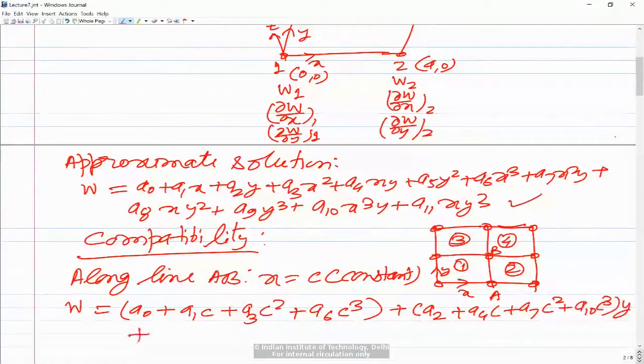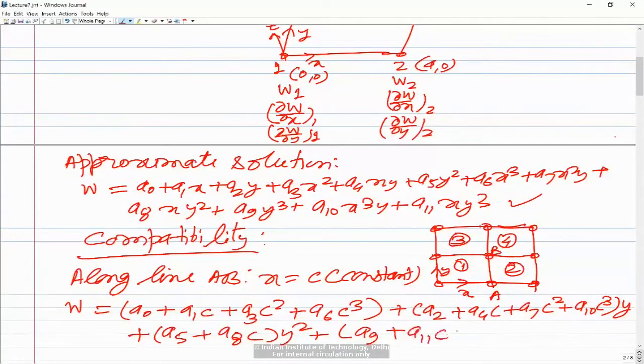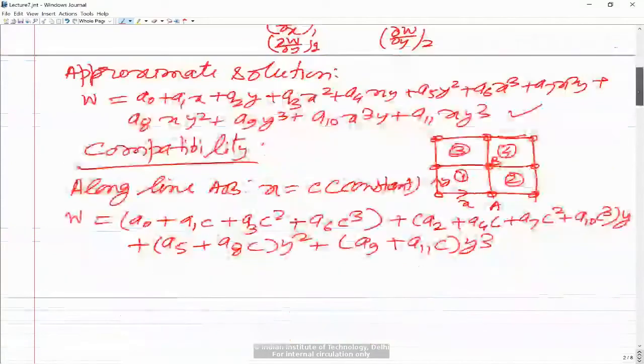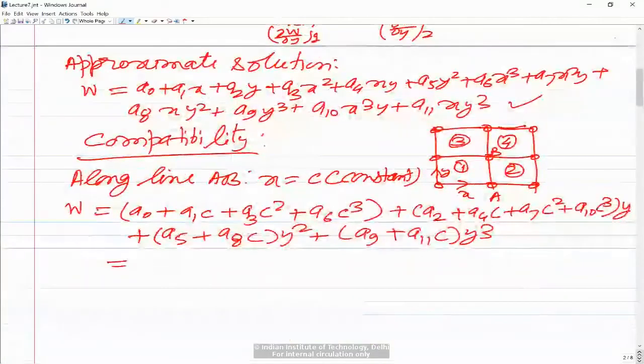So plus you will have a5 plus a8 into c y square plus we will have a9 plus a11 into c into y cube. So you can say that now this first is some constant.